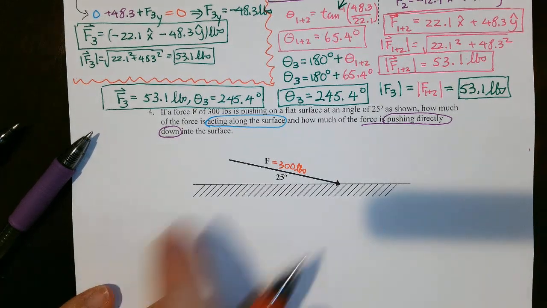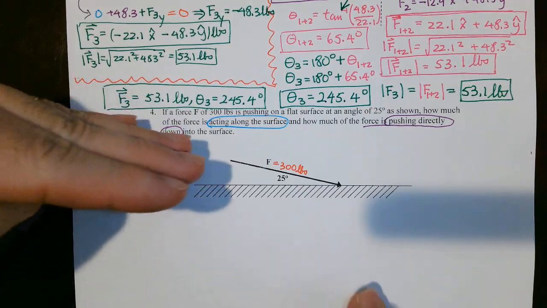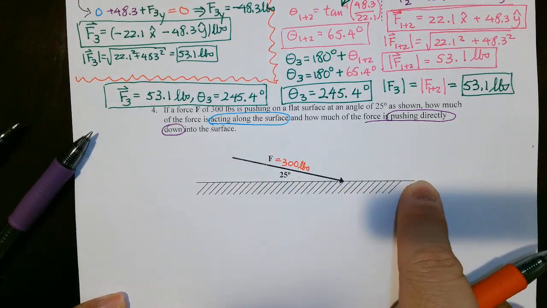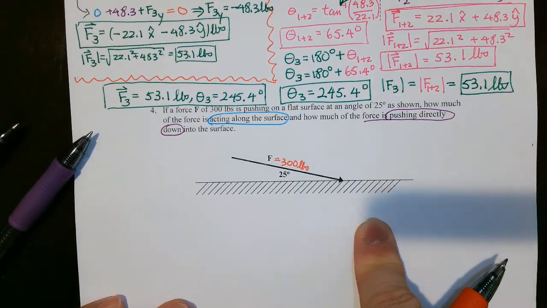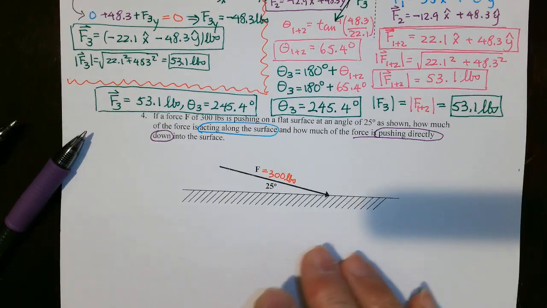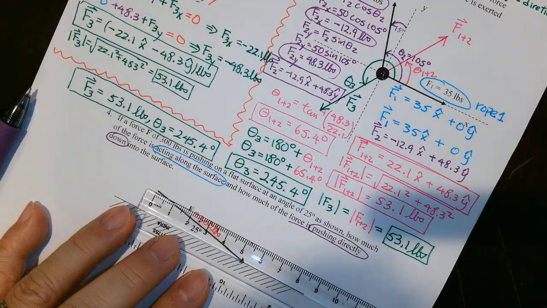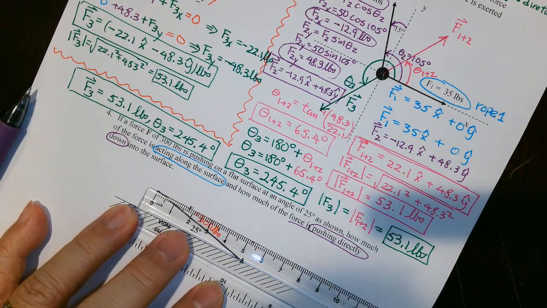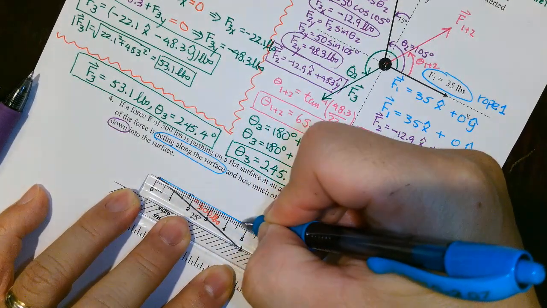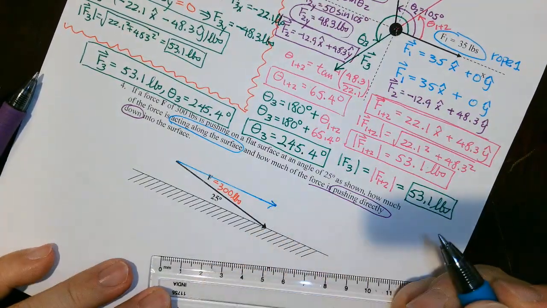They want to know how much this force is acting along the surface. So if I have, let's say, sandpaper or something, and I'm trying to push it down at an angle, how much is that sandpaper acting this way, and how much is the sandpaper acting that way by the given force. All right. So simply, if I were to find the horizontal component of my F, this is Fx, right?